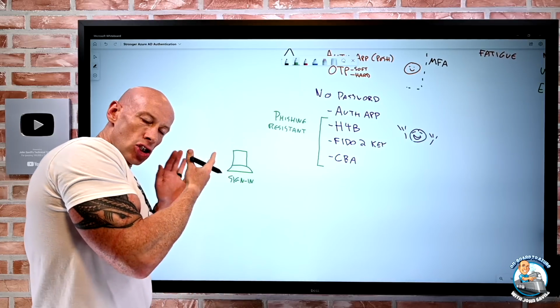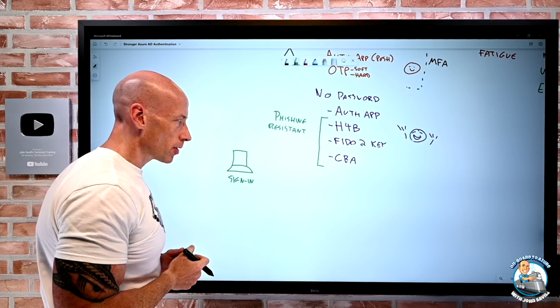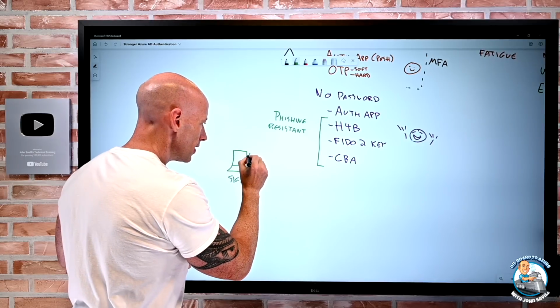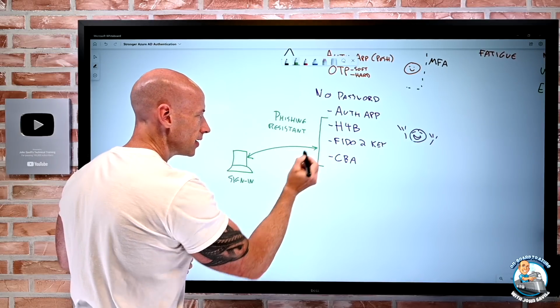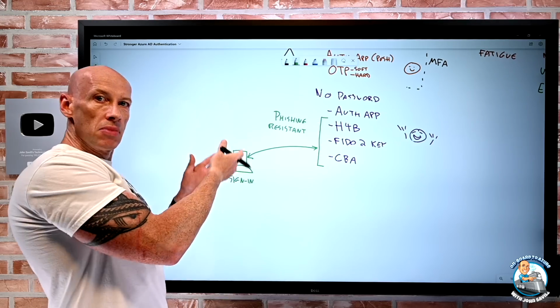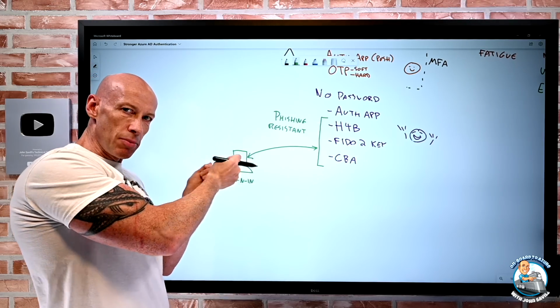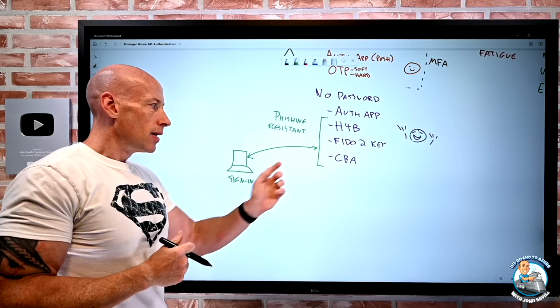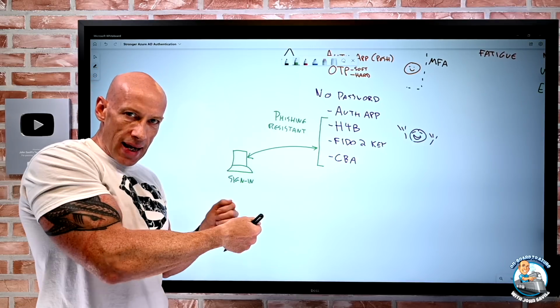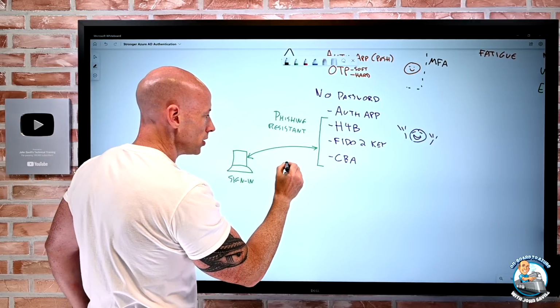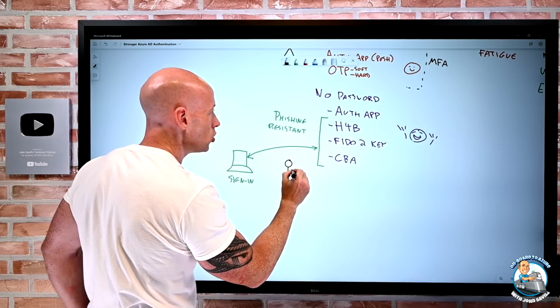So this is the surface of the authentication. With all of these technologies, they have to be connected. Hello for Business, it's the TPM in that machine. A FIDO2 key has to be inserted in the machine and then some gesture. Certificate-based authentication, the card is in that machine. What's not in this equation is the human.